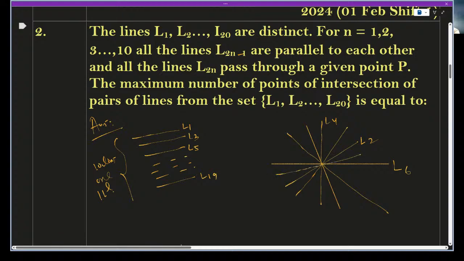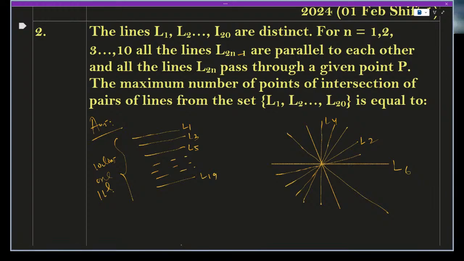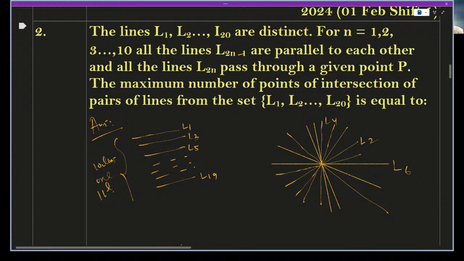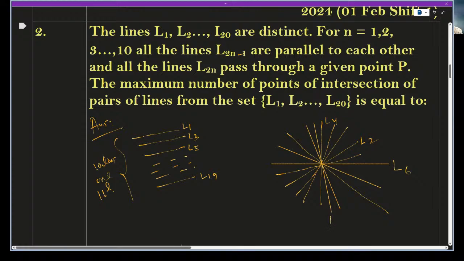We start from here: 1, 2, 3, 4, 5, 6, 7, 8, 8 done, 9, 10. These 10 lines intersect at one point only. Then your problem is to find the maximum number of points of intersection.